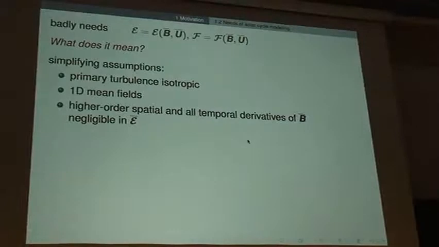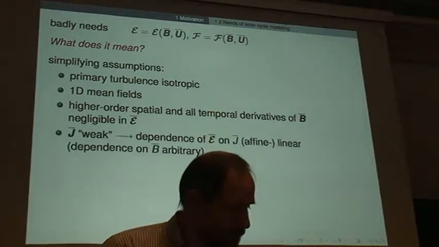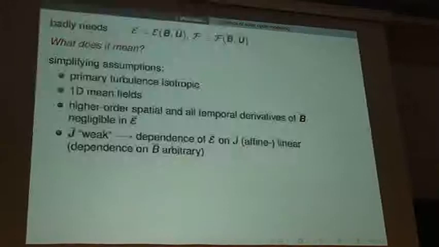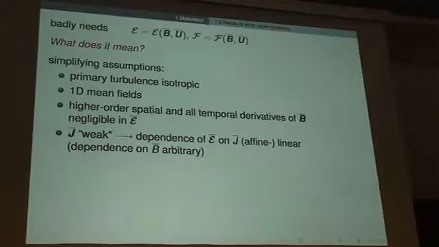Let us neglect all higher order spatial derivatives and all temporal derivatives of B in the mean electromotive force. And let us assume that the mean current is in some sense weak, so that the dependence of the mean electromotive force on the modulus of the mean current density is only linear, but the dependence on the mean magnetic field arbitrary.